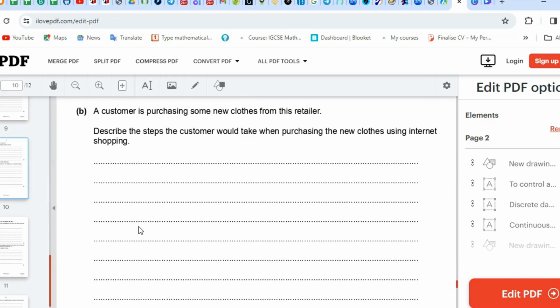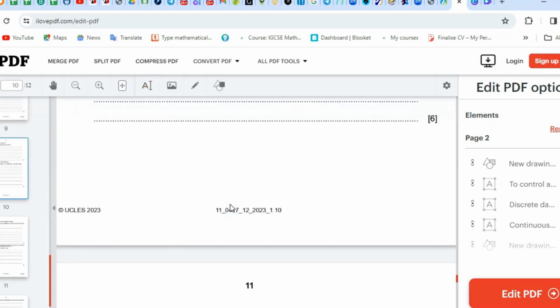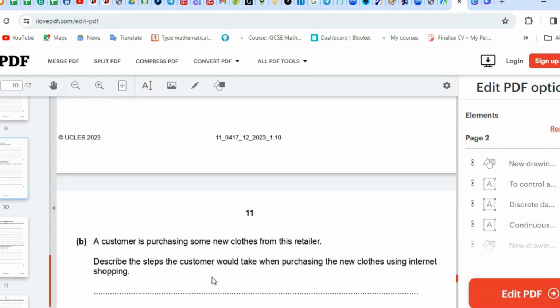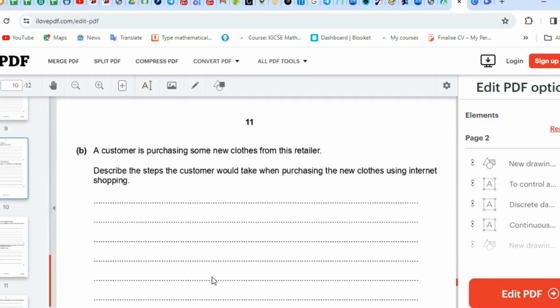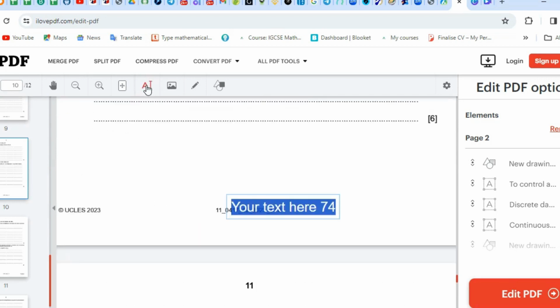The first step is to load up the website, the site you want to buy something on. That's the first step. Isn't that correct? All right. So after you load the site, what do you do?